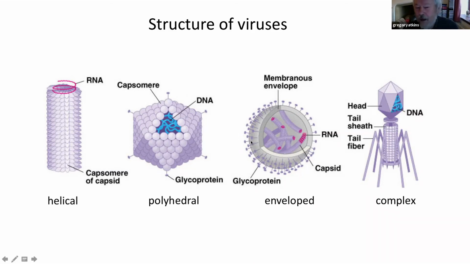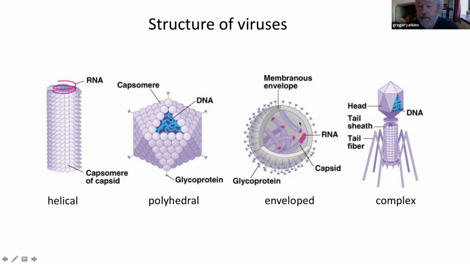But for many viruses, there is another layer around this kind of symmetrical structure. And this is derived from the host cell membrane when the virus is released from the cell. So it's an extra layer, and this is called an envelope.